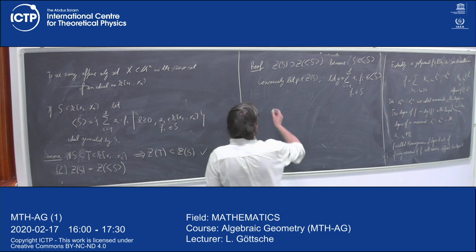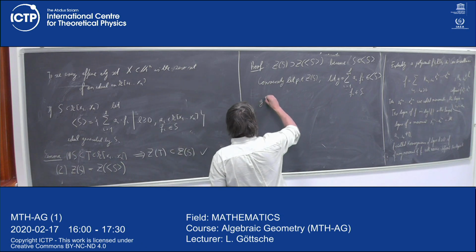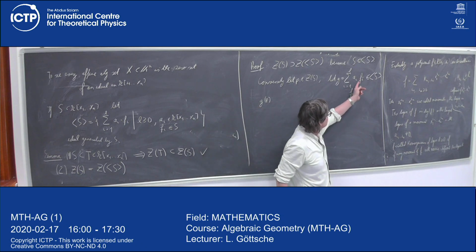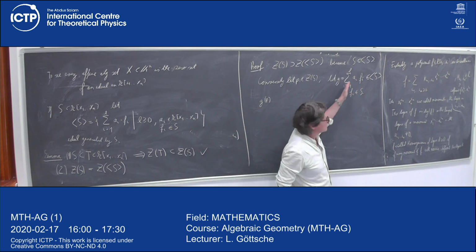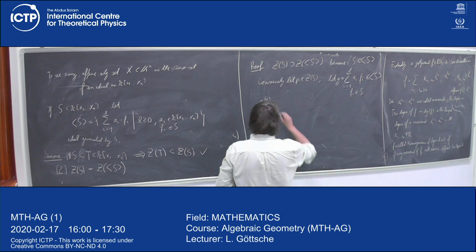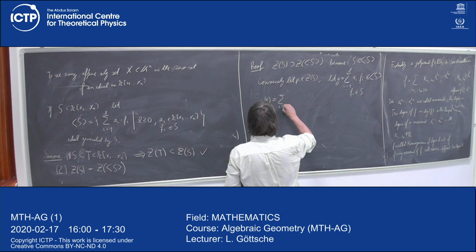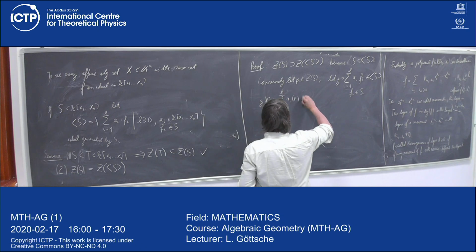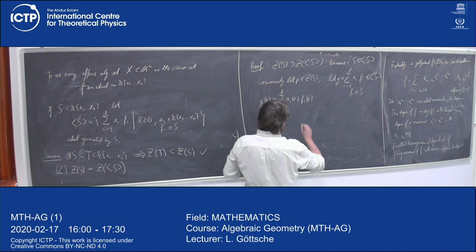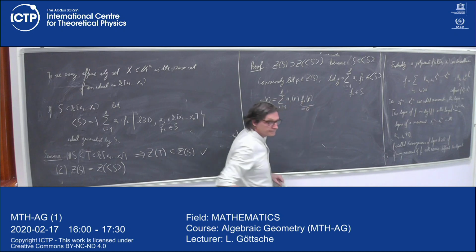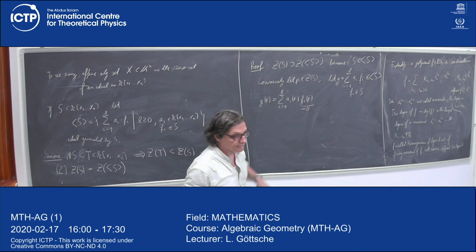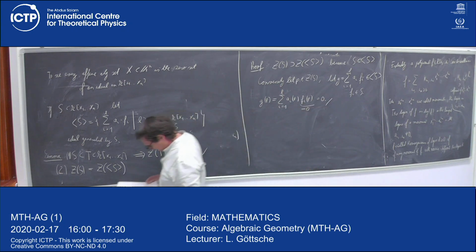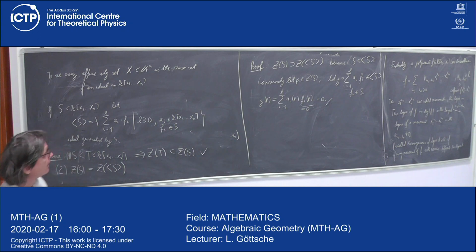Then, what is g(P)? We know that evaluation of polynomials at the coordinates just multiplies through. So this is just the sum i equals 1 to l of a_i(P) f_i(P). And this is 0, because we are in the zero set of S. So this is simple.